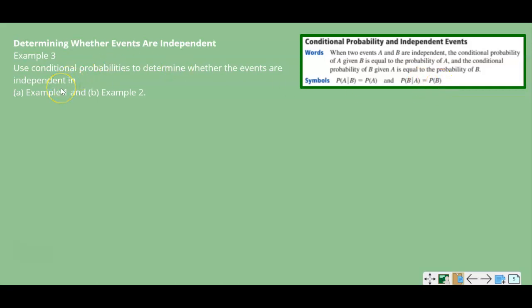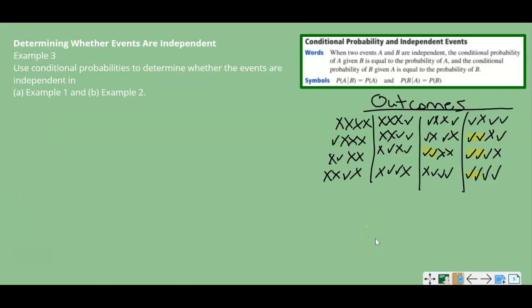All right, so let's look at example 1. I'm going to go ahead and copy over the table that we used for example 1. Remember, we used the table to find the correct answers for question 1 and question 2.